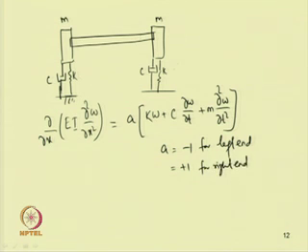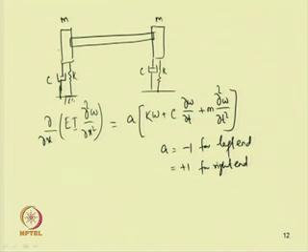If one takes the free body diagram of this side, one can show that the shear force will be equal to the inertia force, which is M del square W by del T square, plus the damping force, that is C into del W by dt, and plus the spring force, that is K W. If one takes the right side, then the shear force will be positive.